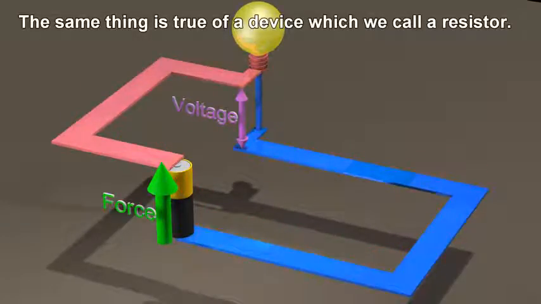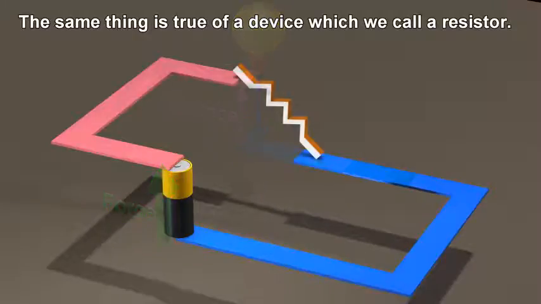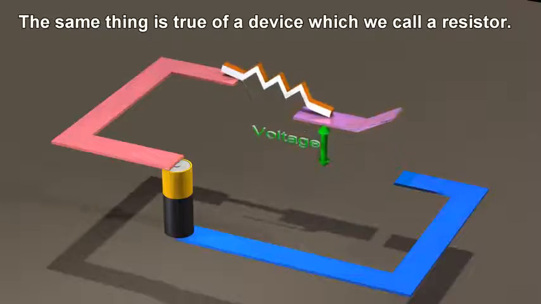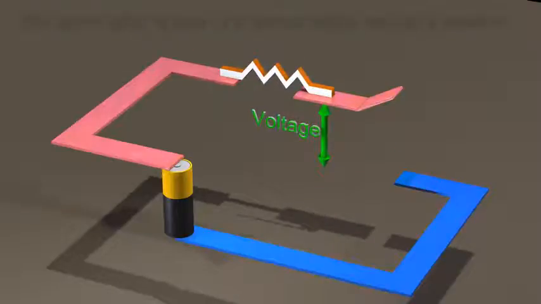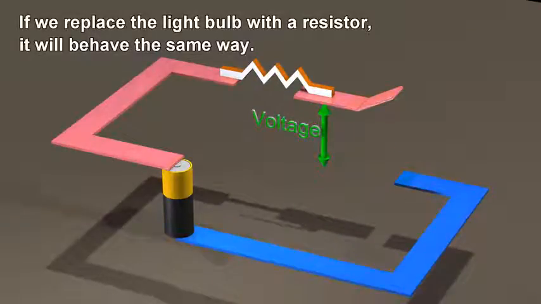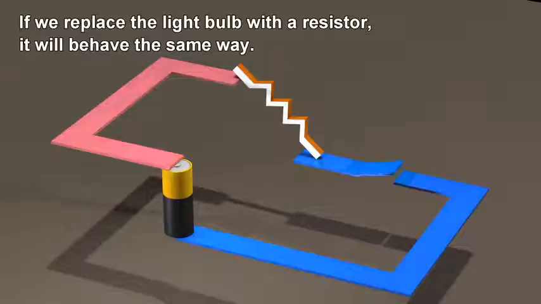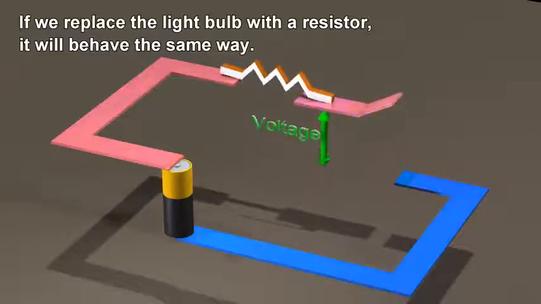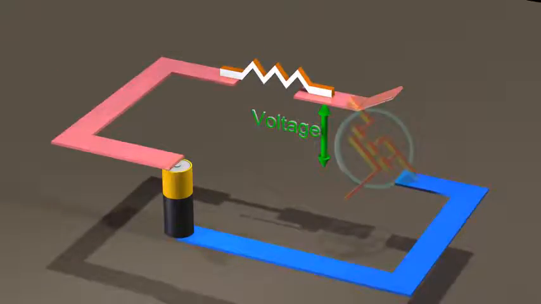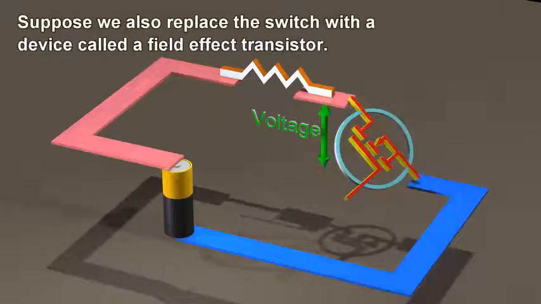The same thing is true of a device which we call a resistor. If we replace the light bulb with a resistor, it will behave the same way. Suppose we also replace the switch with a device called a field effect transistor.